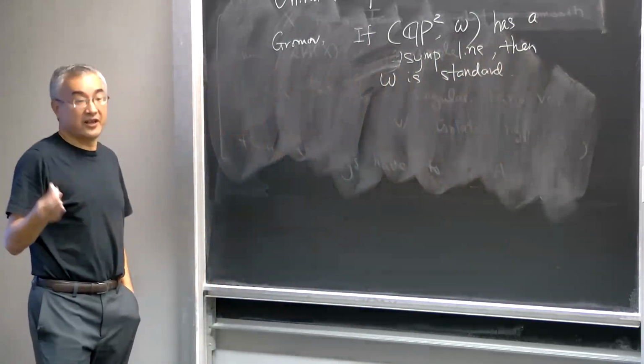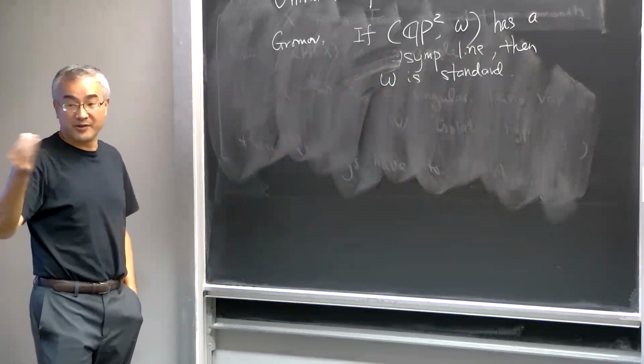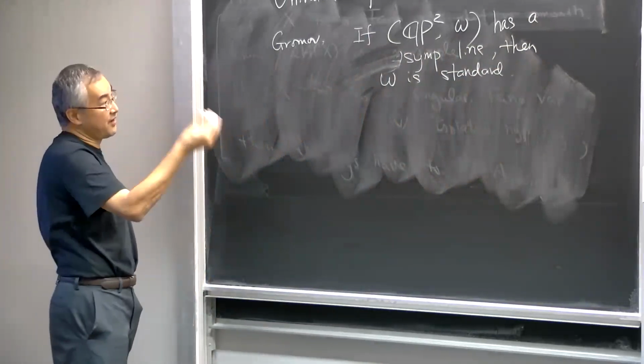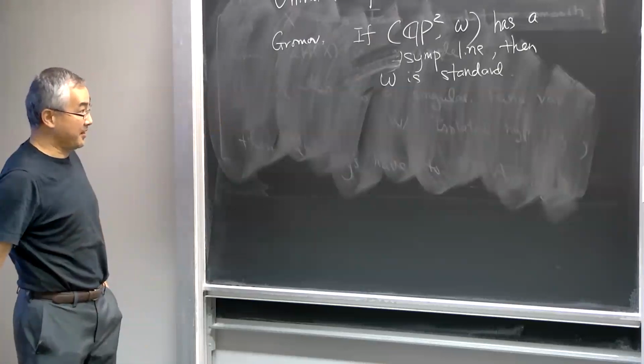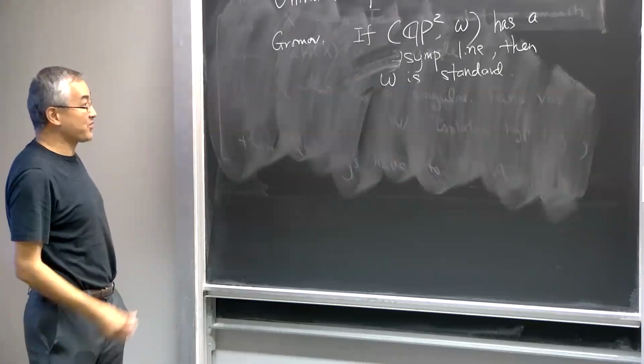Omega here is not known to be Kähler, just an arbitrary symplectic structure, but the assumption is that you have a nice rational curve.